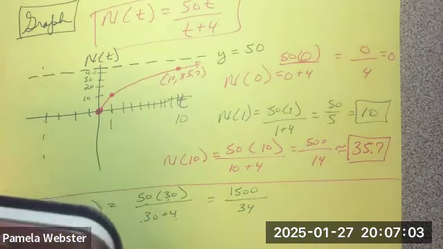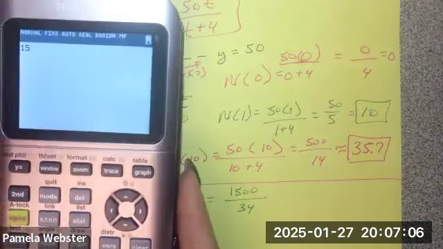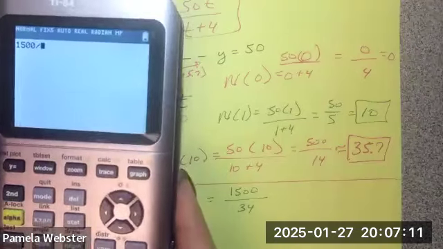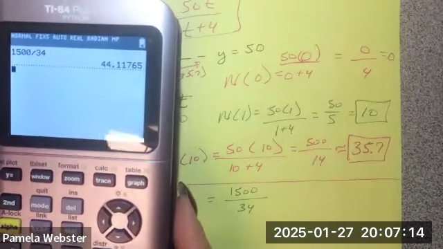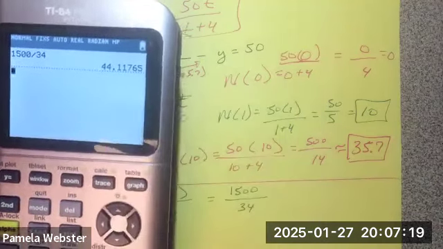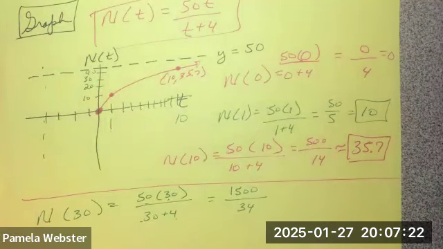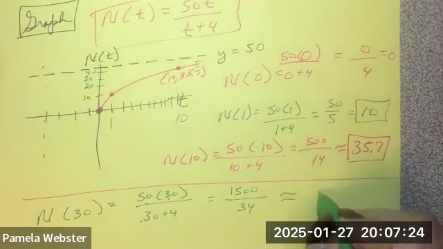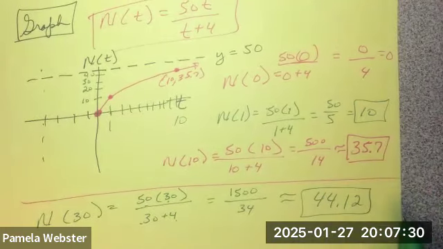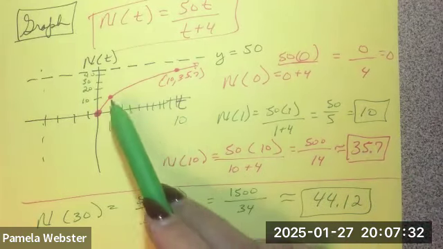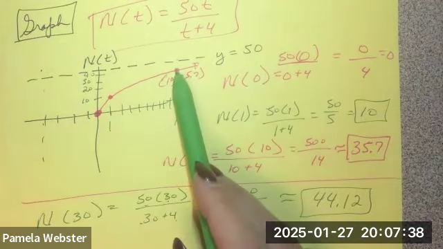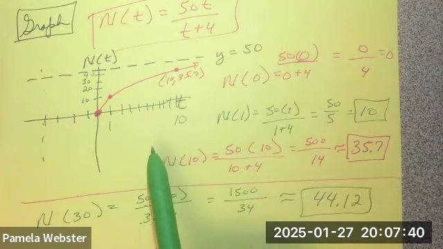Okay. And again, I'm not doing that math in my head. I'm going to use my calculator. 1,500 divided by 34, 44.11. Maybe you could call that 12 if you wanted to, because the 7 would round up. Okay, so 44.12. Let's call it that. All right. So here we go. We had a huge jump here, right? From day 1 to day 10, this person is able to make 25 extra computer parts a day.